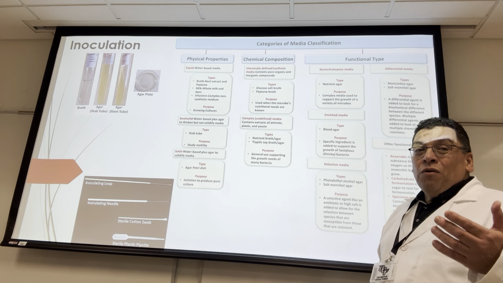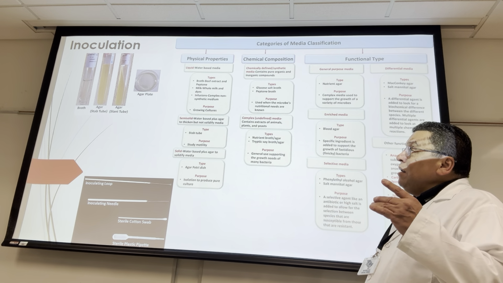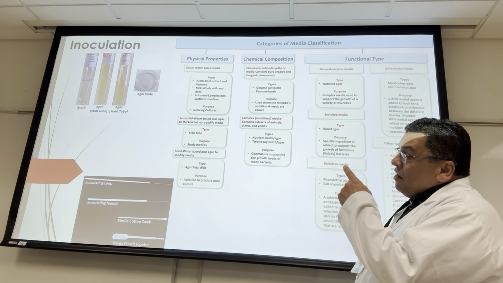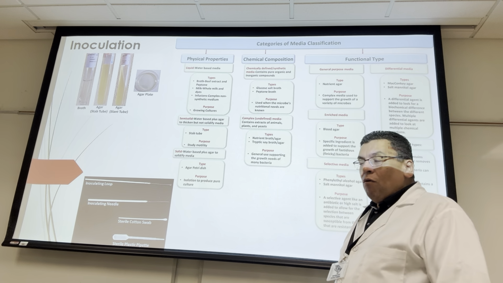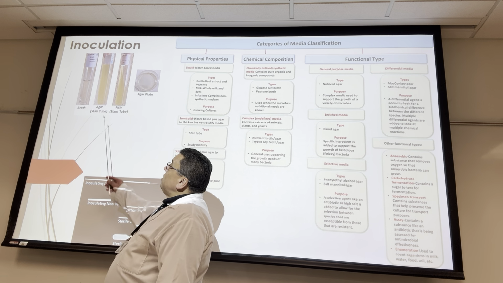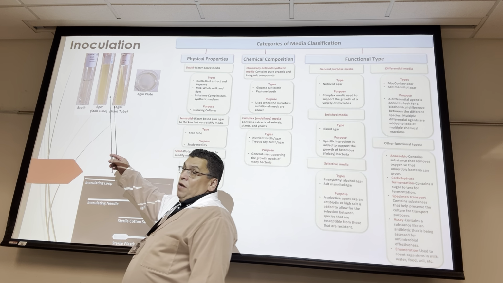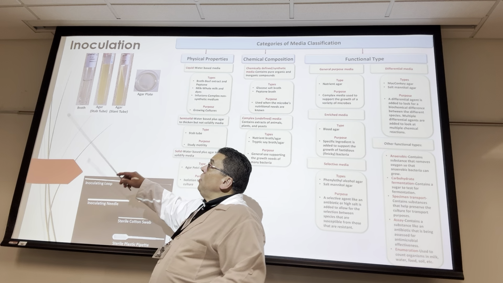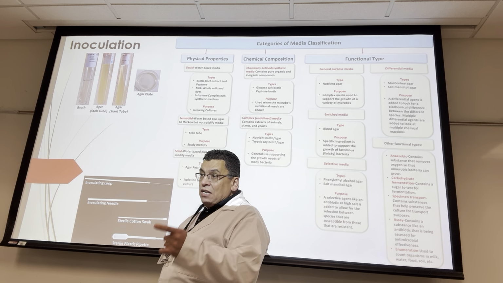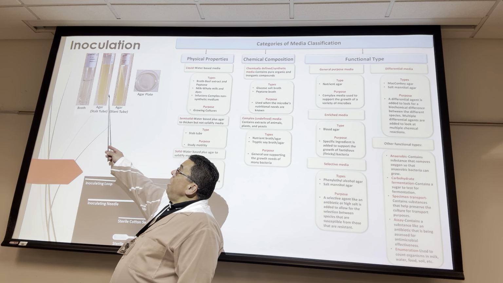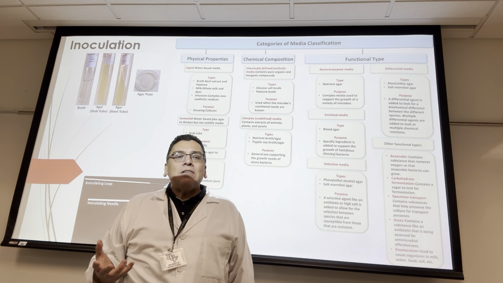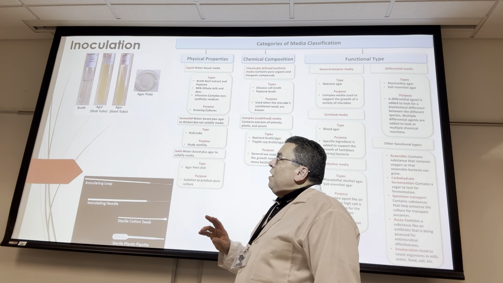The media that will be coming at you can either come in liquid form, and that is broth, and you've used some already, or in solid form. With respect to solid form, you can either have a slant, like you've seen, or you can have something like this, where it's not slanted. So how do they do this? Watch this.